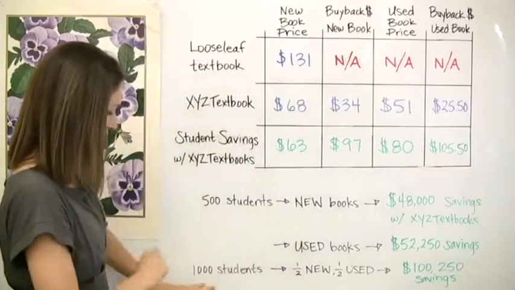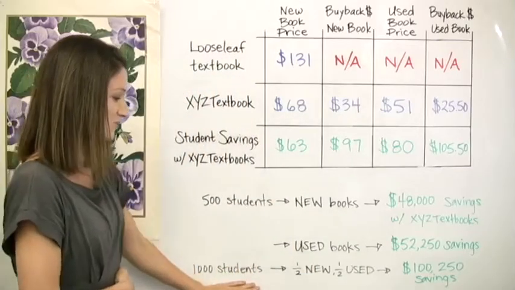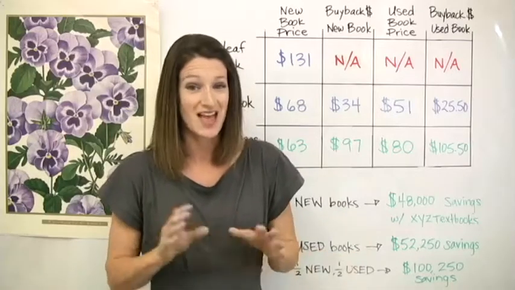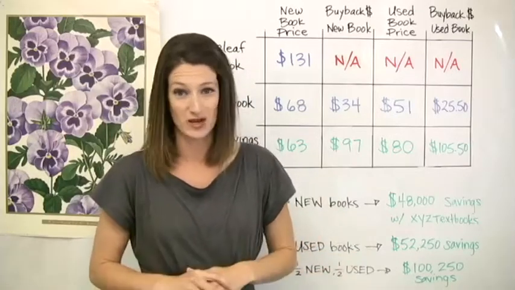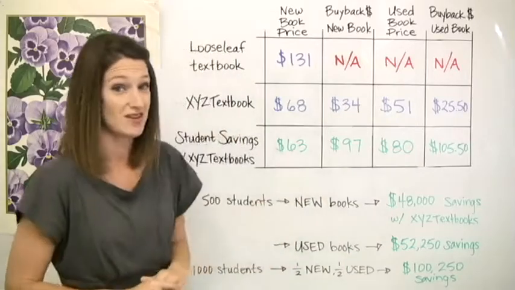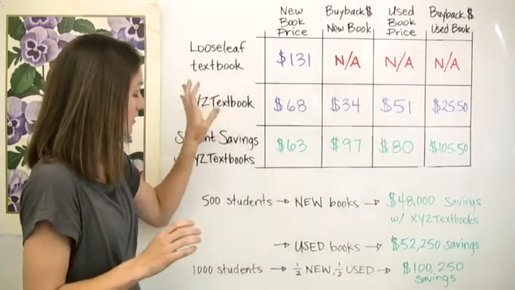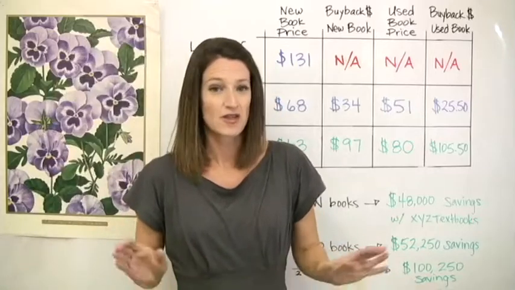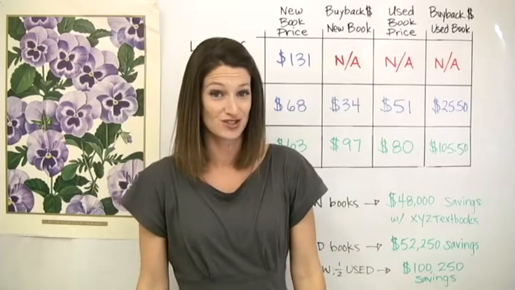Furthermore, if we were to take 1,000 students and half of those 1,000 students bought new XYZ textbooks and the other half bought used XYZ textbooks, their total savings over purchasing a Looseleaf textbook is going to be over $100,000. So that's more than $100 per student.